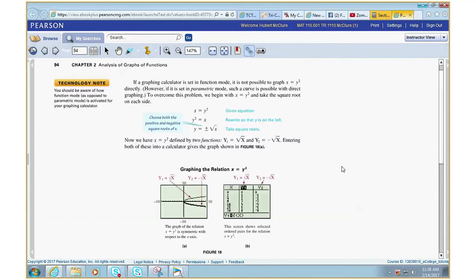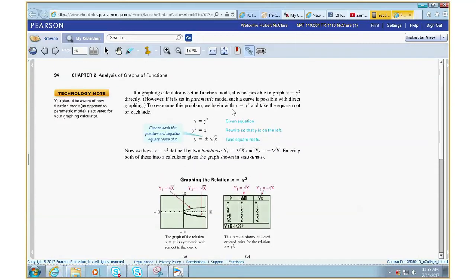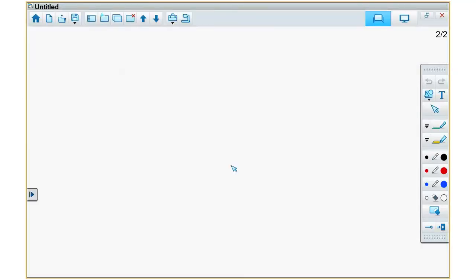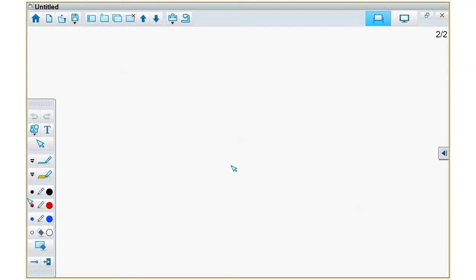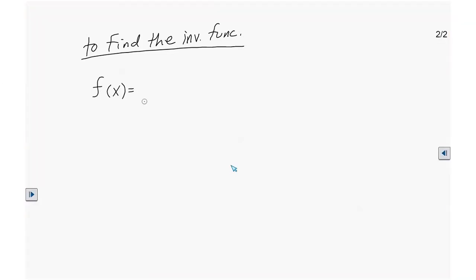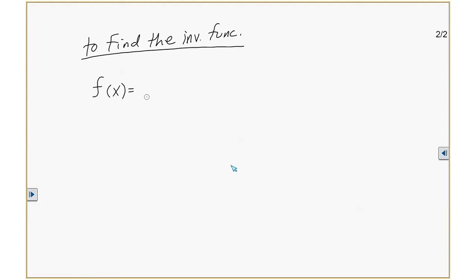All right? This function is the square root of x. Y is equal to the square root of x. Let me just show it to you this way. To find the inverse function, let's take, for example, f of x is equal to the square root of x.